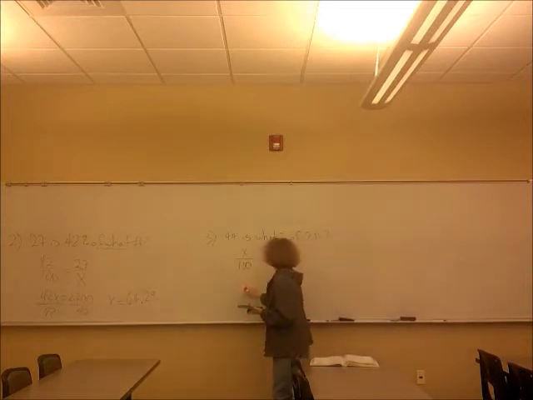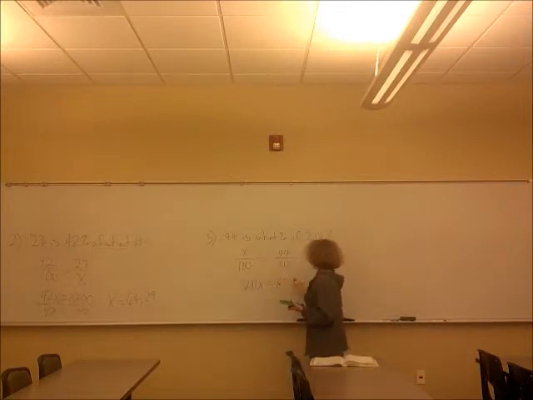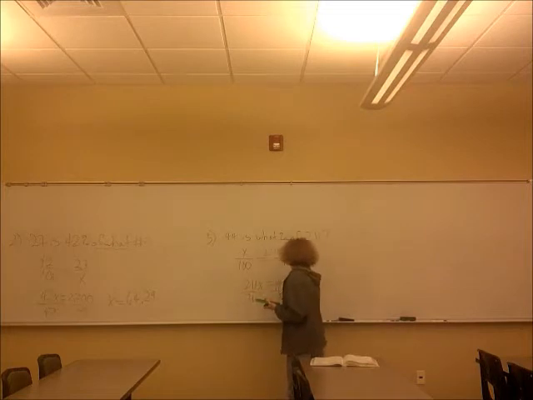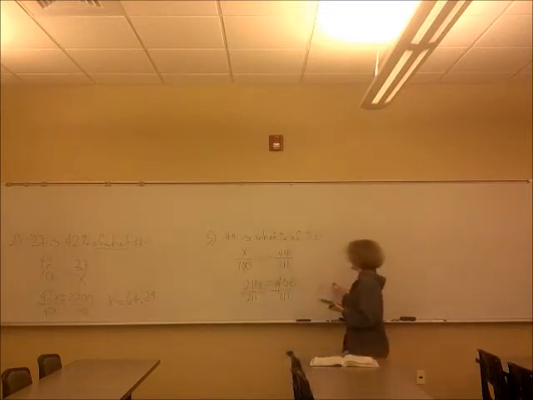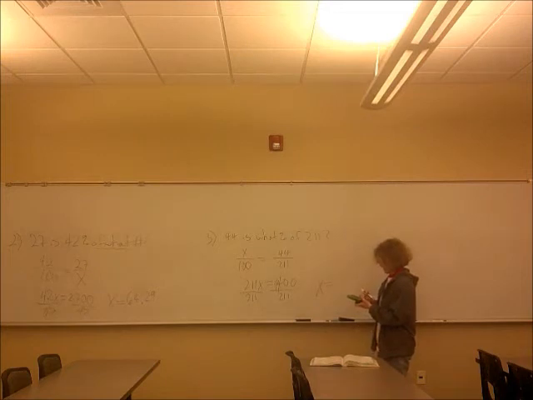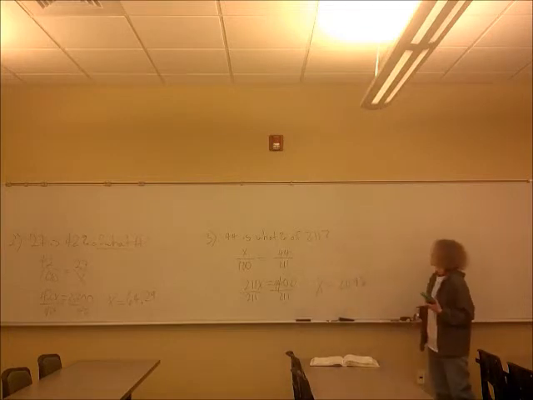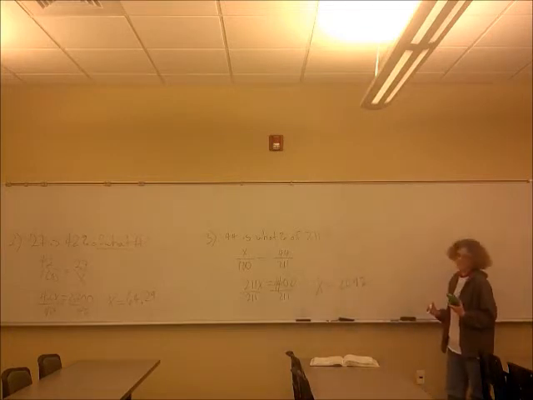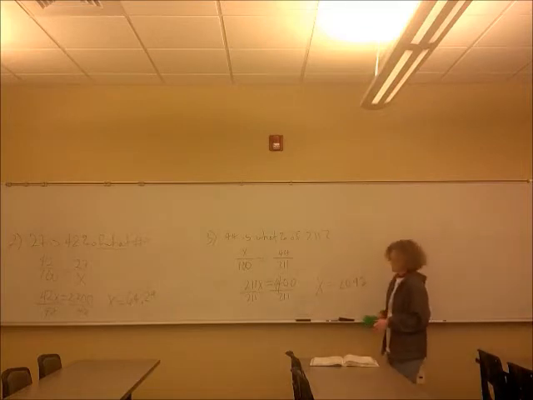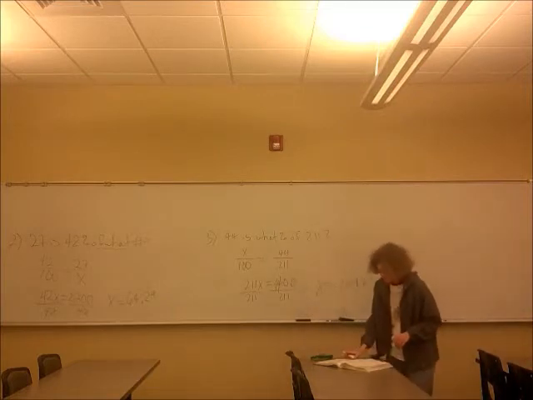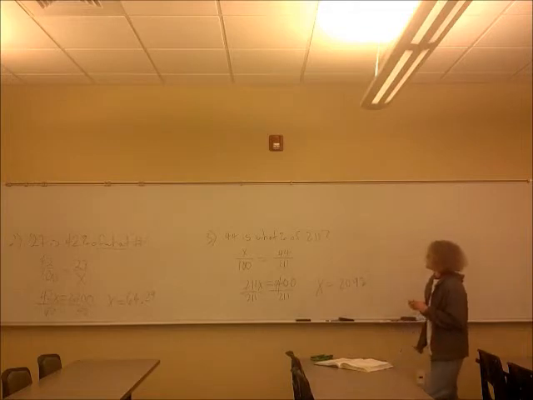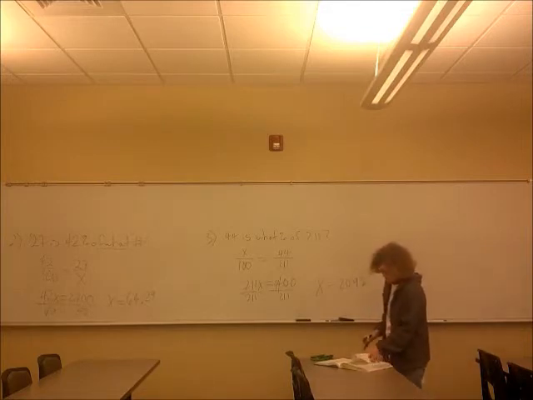So cross multiply, so we have 211x equals 4,400. Divide out the 211. X equals 20.9%. So 44 is 20.9% of 211. And that's all there is to the percent proportion problem.